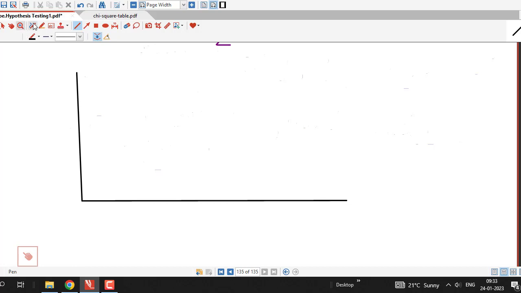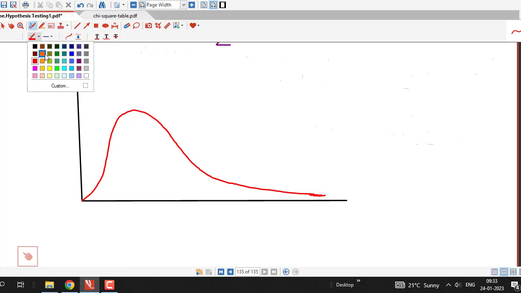And now we roughly sketch the graph of chi-square distribution, and we are familiar with the graph of chi-square distribution. It is a positively skewed distribution. It has a longer tail towards the right side. It goes parallel to the x-axis and never crosses the x-axis, and we are considering equal area in the left tail as well as right tail.